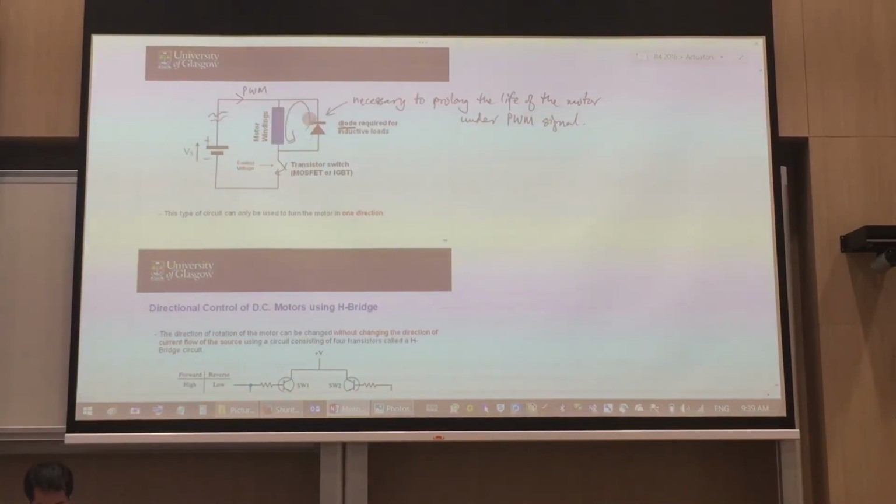So this is kind of like schematically how each of the motor look like under PWM, right? This a typical motor setup.